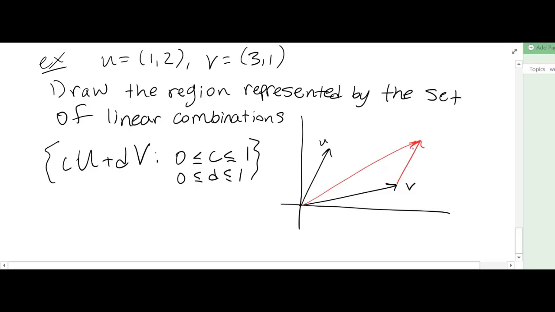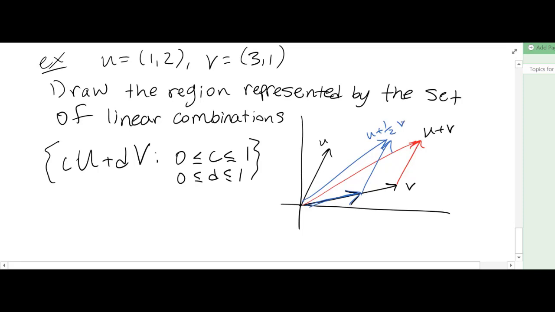But we can also make v smaller because d ranges between 0 and 1. So this is u plus v, but we could also do u plus a half of v. A half of v is right there. So if you put u at the end of that one, you get that vector. That is u plus a half of v.